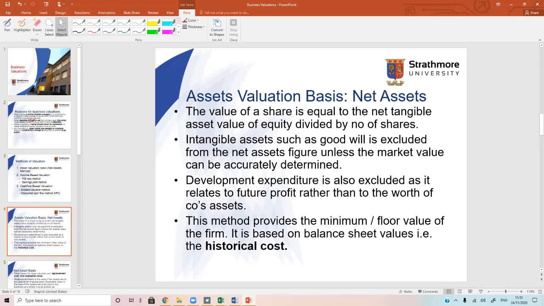If you have ongoing research, you can decide to sell off the research to another company altogether. So if it is possible to sell those intangible assets and fetch some market value from them, then you can include them in the analysis.